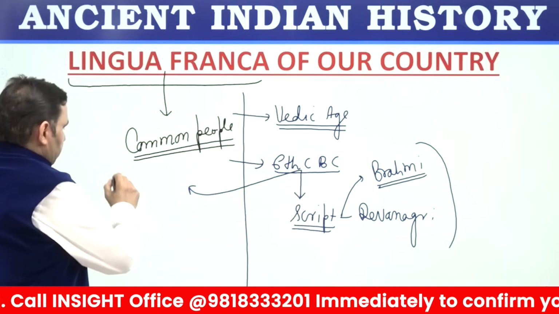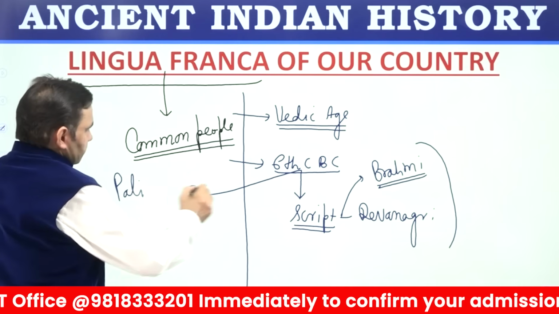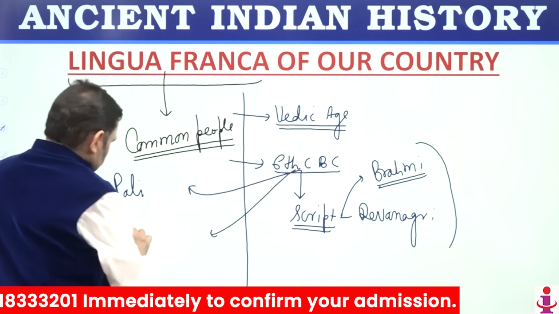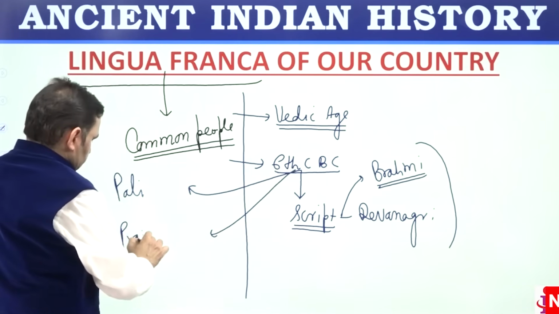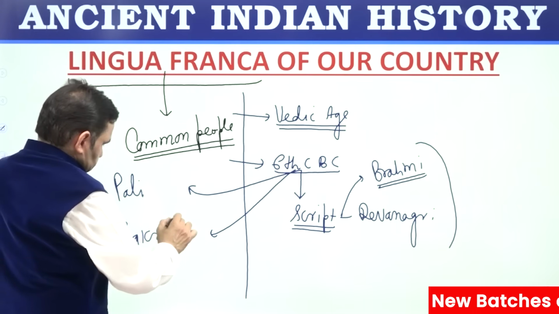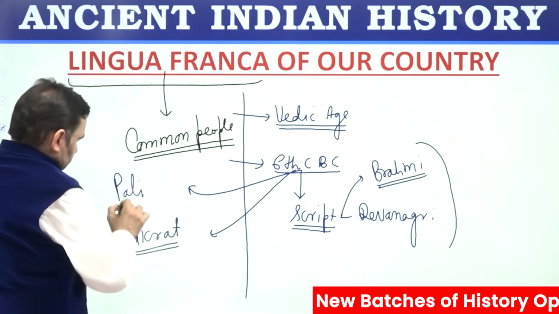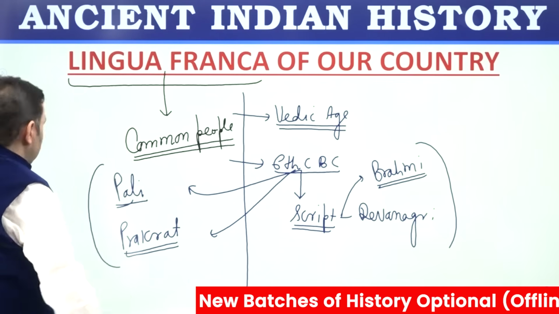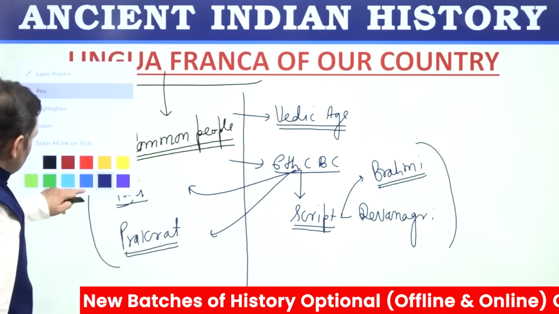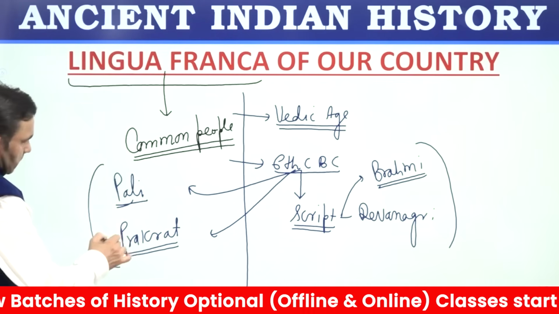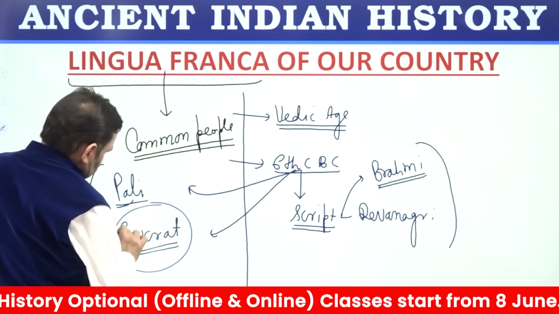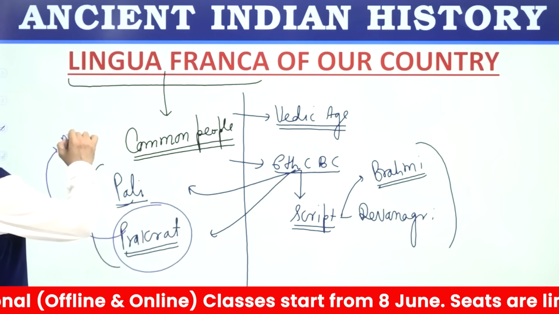One language was Pali. The second language was Prakrit. Pali and Prakrit were the languages of common people, and of these two, Prakrit was more popular.